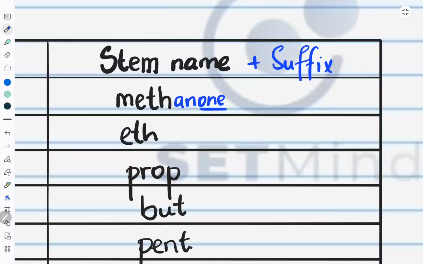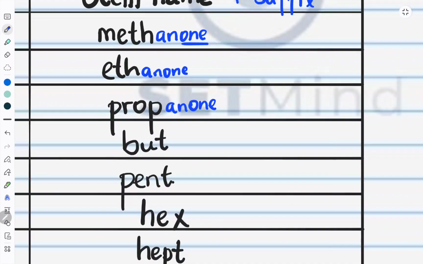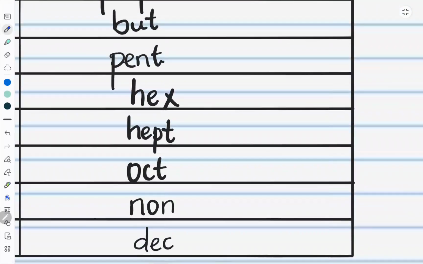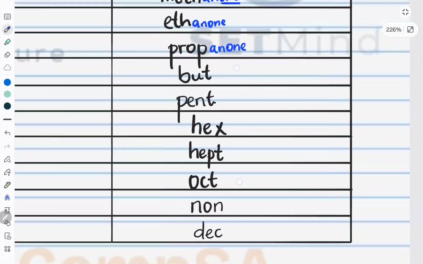If you've noticed with aldehydes as well, it was not methyl, even though the suffix for aldehydes was al, it was methanol, right? So it's the same thing with ketones. It's methanol, ethanol, propanol, right? Butanol, all the way to decanol, right? So that's how it works.